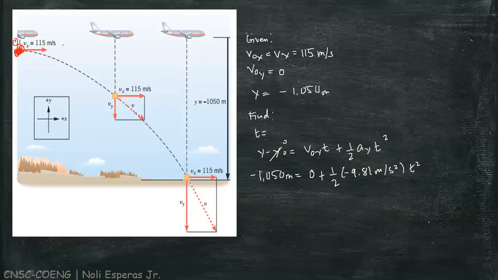So simplify this, we have t squared is equal to 214.07 and square root both sides. Therefore, the time it takes for the package to reach the ground is 14.63 seconds.